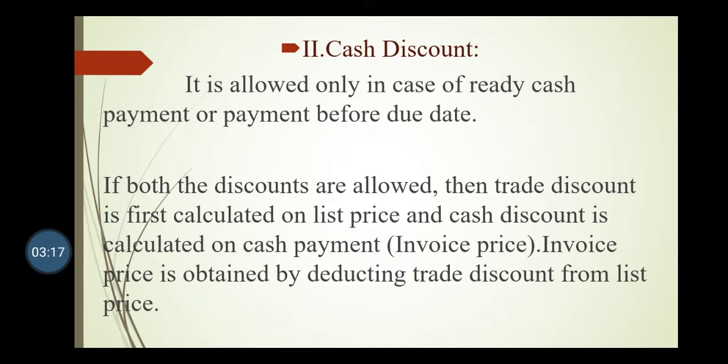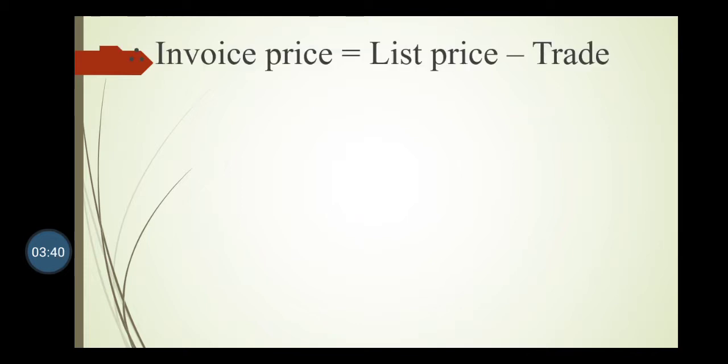Means trade discount is calculated on the basis of list price and the cash discount is calculated on the invoice price, where invoice price can be obtained by subtracting the trade discount from the list price. Okay, now we will see some more.